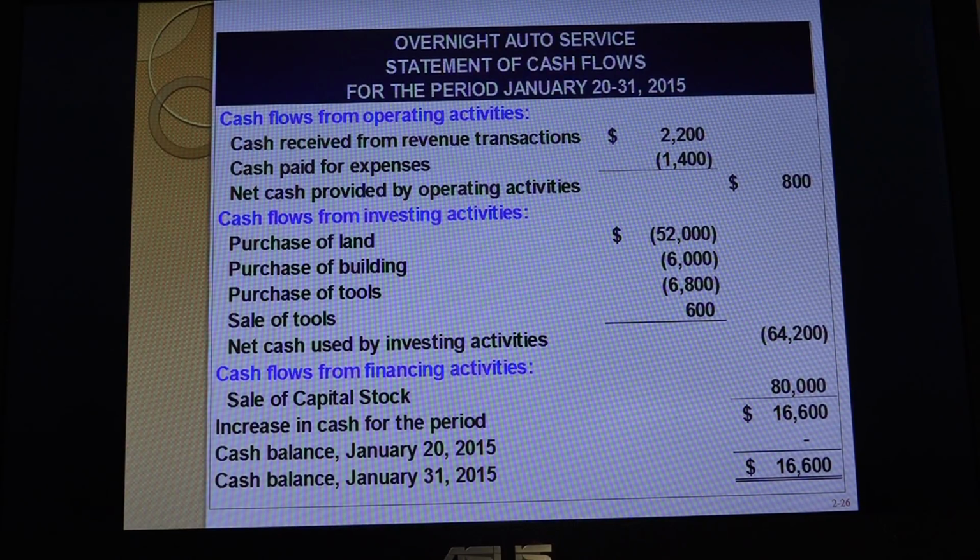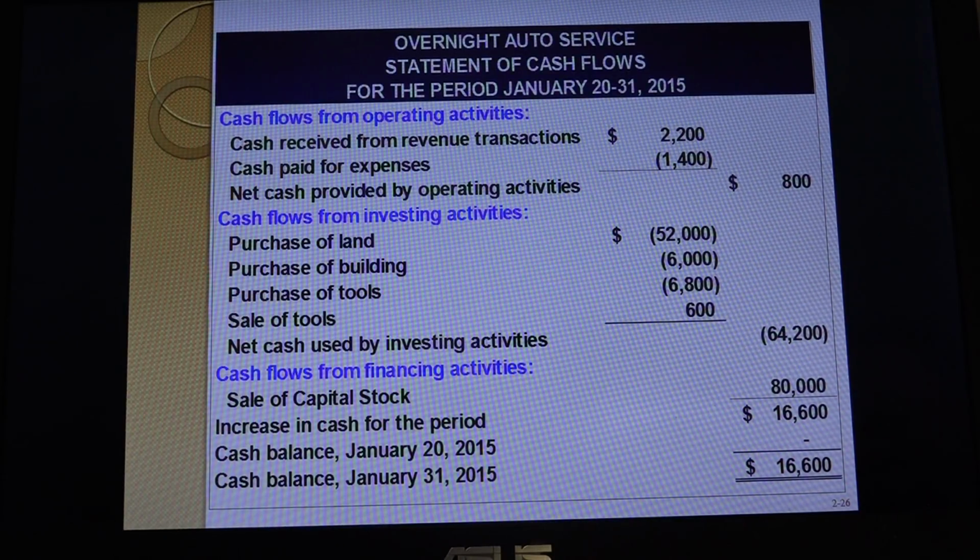Cash flows from investing activities. This is cash flows out or cash flows in related to the purchase and sale of assets in the business that they have invested in. Okay?